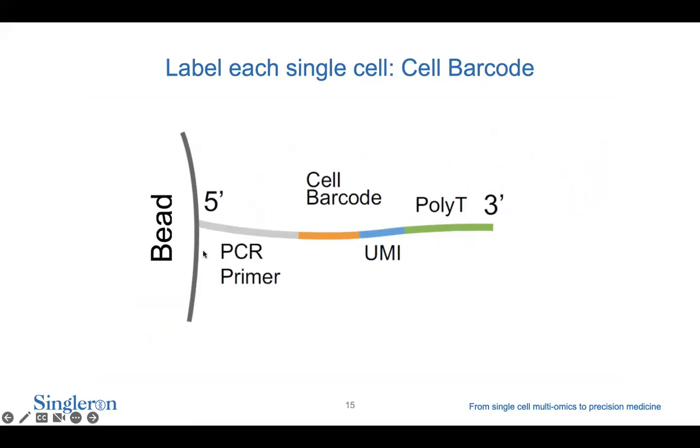These beads are covered with oligonucleotides. There are millions and millions of oligonucleotides attached to their surface. Every barcoding bead has the following sequence on it. First of all, they have this green poly-T tail. This sequence is important for capturing the mRNAs.